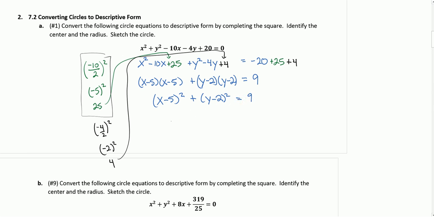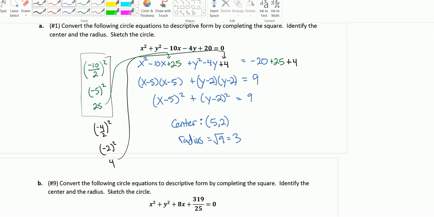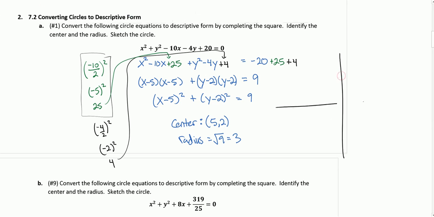So from our equation, we see that the center of our circle is at 5, 2, and the radius of our circle is the square root of 9, which is 3. And so we can sketch our circle here by first plotting the center at 5, 2.